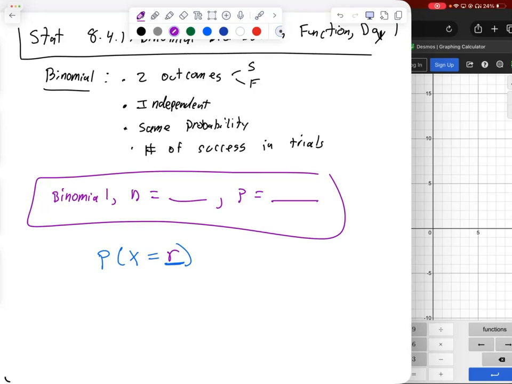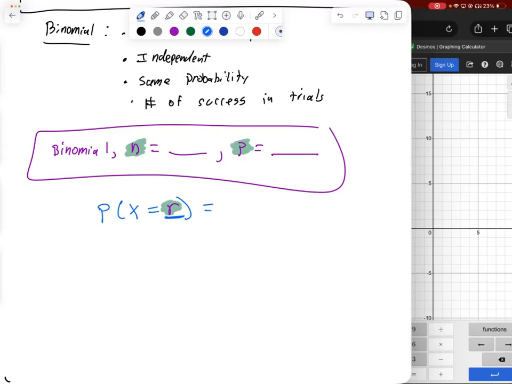If we know n, p, and r, then all we need to do is use that formula that we learned beforehand. That formula was nCr (n comma r) times p to the r times 1 minus p to the n minus r.